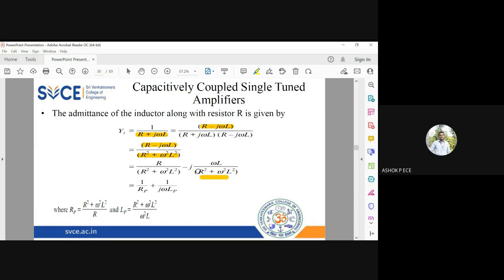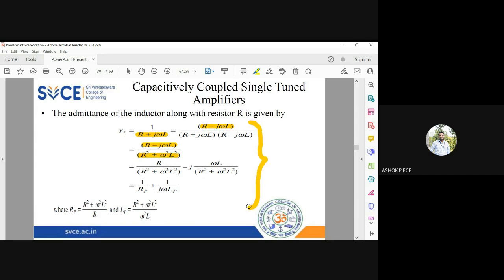So if you compare the terms, RP will be the reciprocal of this: R square plus omega square L square by R, and LP will be the reciprocal of this: R square plus omega square L square by omega square L. Why are we deriving this step? I am going to convert my series RL into a parallel RL circuit.